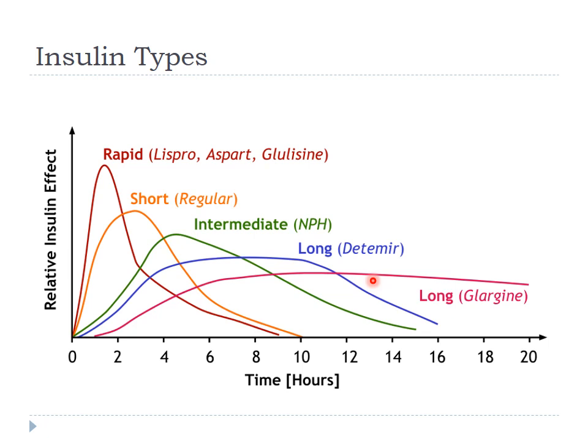In endocrine and diabetes education, and for anybody who is a diabetic, we use the following term: we say that Levemir and Lantus have no peak.